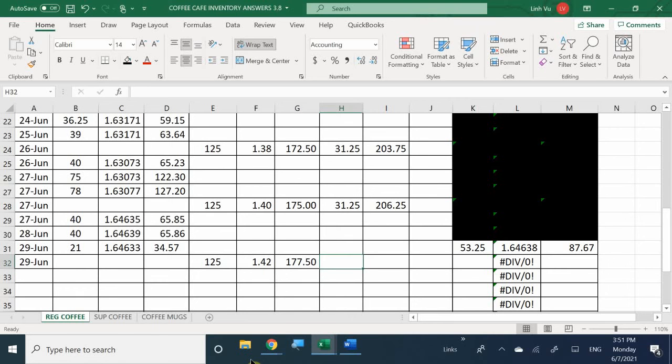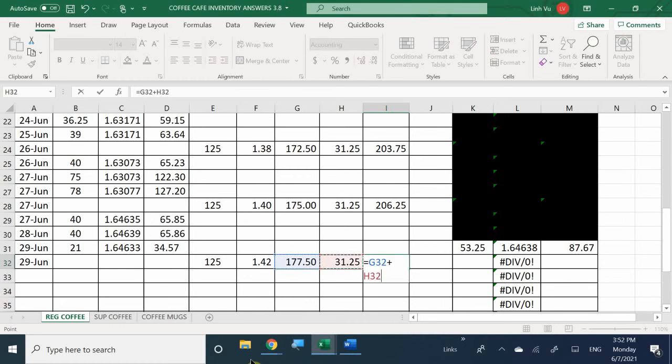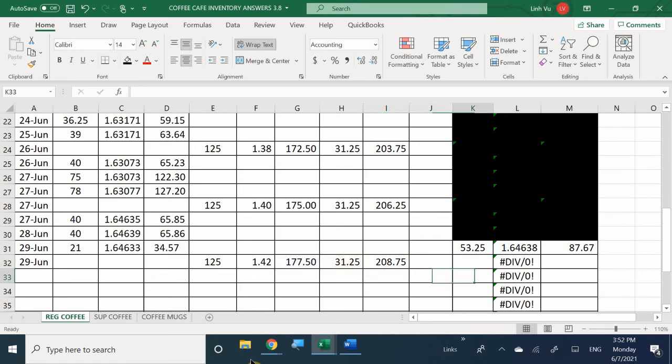Our delivery charge was $31.25, which brings our total to $208.75.